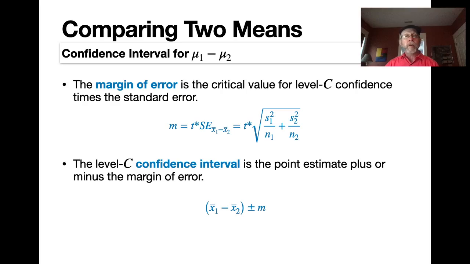The margin of error is going to be a critical value from a t-distribution, right, times that standard error that we discussed previously. What about the confidence interval itself? Well, remember, it's a confidence interval for mu1 minus mu2. So the confidence interval will be our point estimate, which is x1 bar minus x2 bar, plus or minus that margin of error.